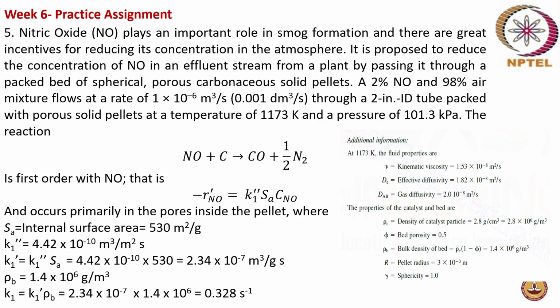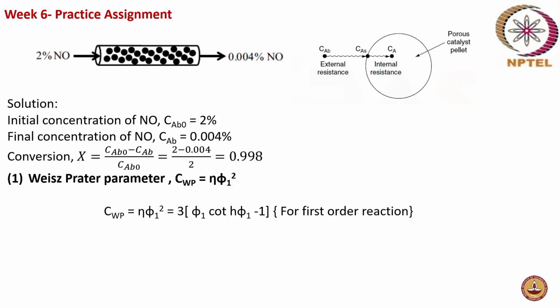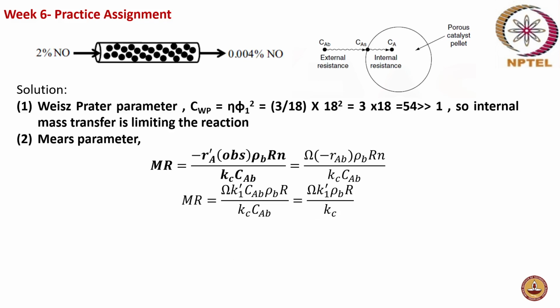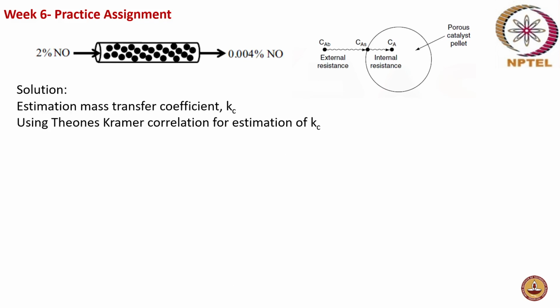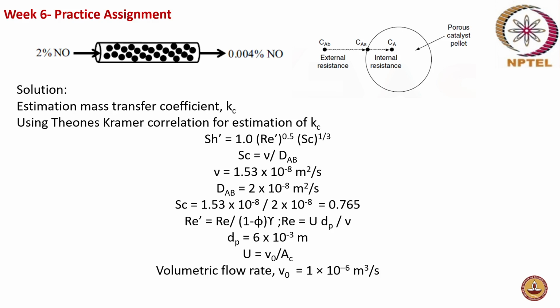So V naught is 1 into 10 power minus 6 meter cube per second.